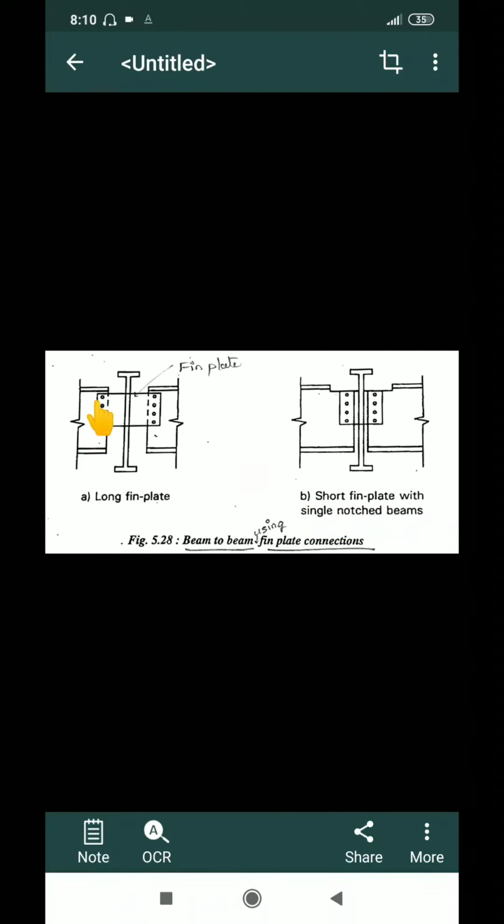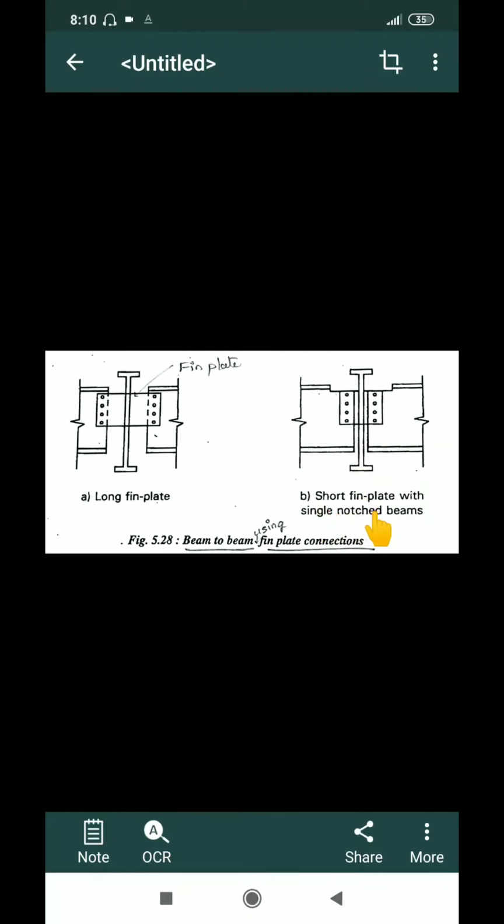In a long fin plate, two joists are connected with the web of the girder by connecting a long fin plate. Here these are connected by bolting, whereas this can be a welded type, that is, here near the web I can provide a weld.